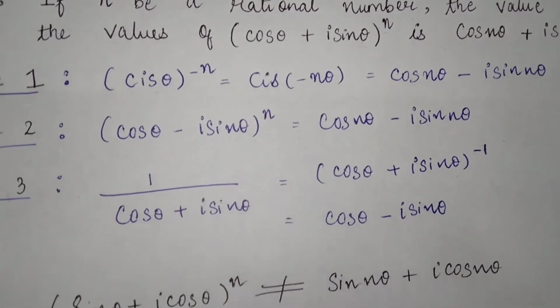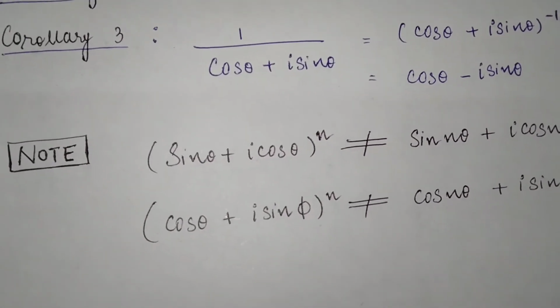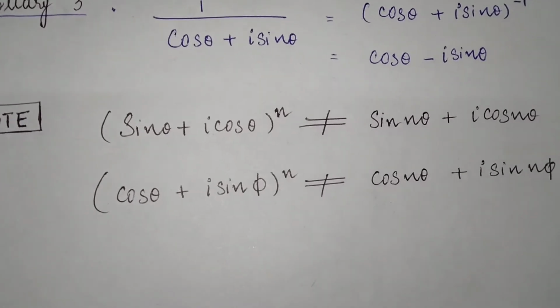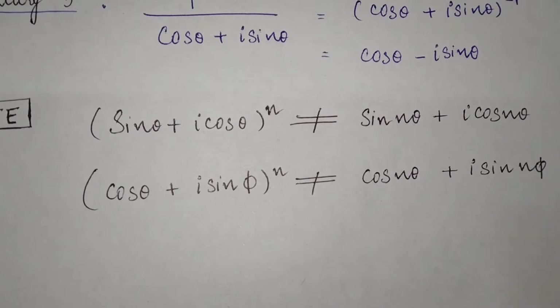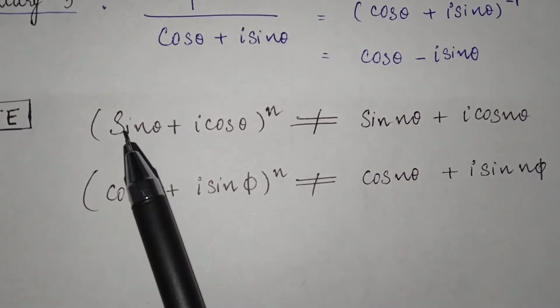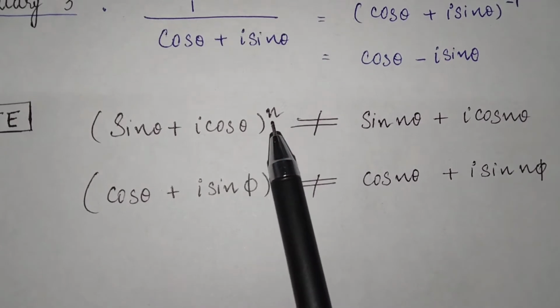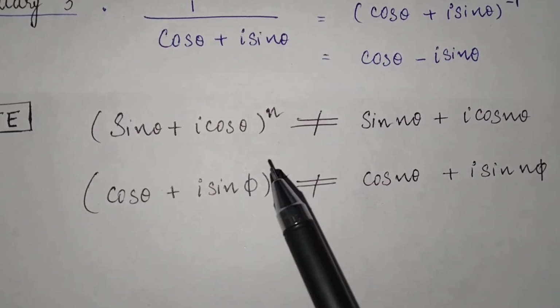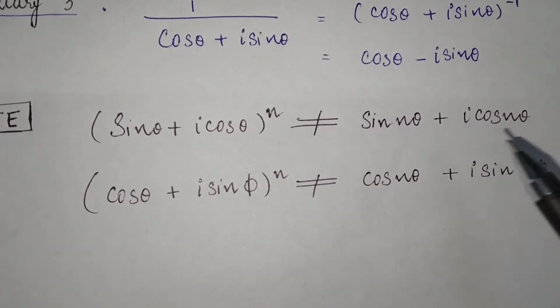Okay, but here it is necessary to note that (sin theta plus i cos theta) raised to n is not equivalent to sin n theta plus i cos n theta. If it is (cos theta plus i sin theta) raised to n, then only you can apply De Moivre's theorem. But if sin theta plus i cos theta is given, then you cannot apply the rule according to De Moivre's theorem.